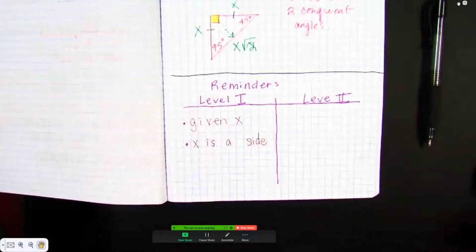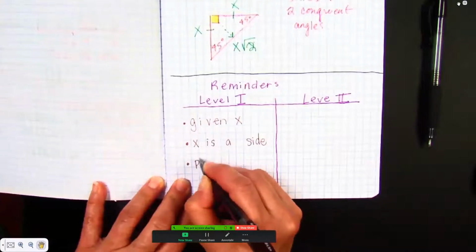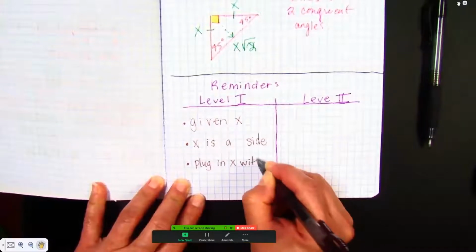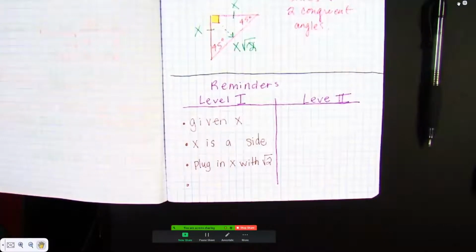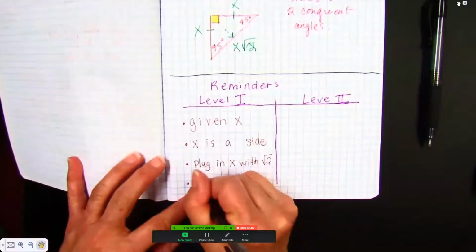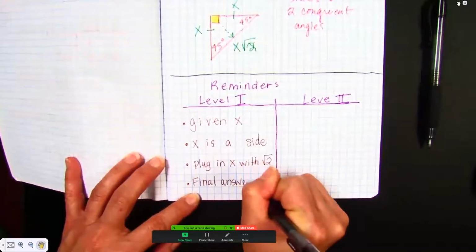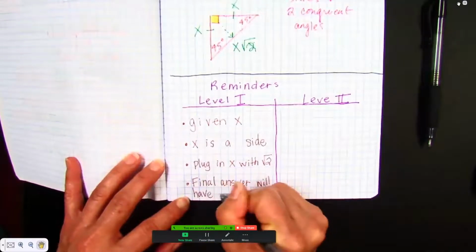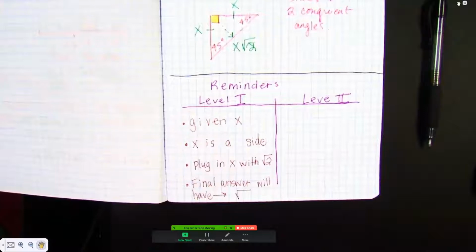And to find the missing piece, which is just the hypotenuse, you just plug in X with square root 2. Your final answer will have a square root symbol in it.